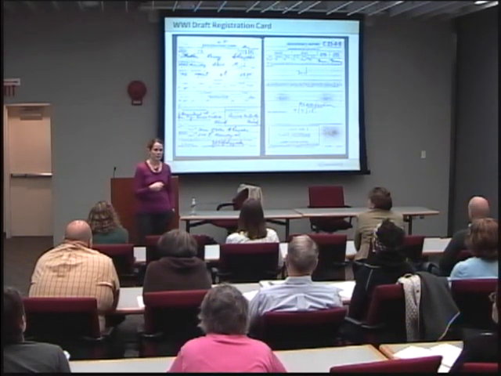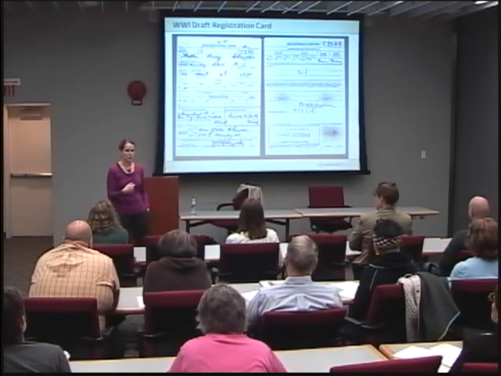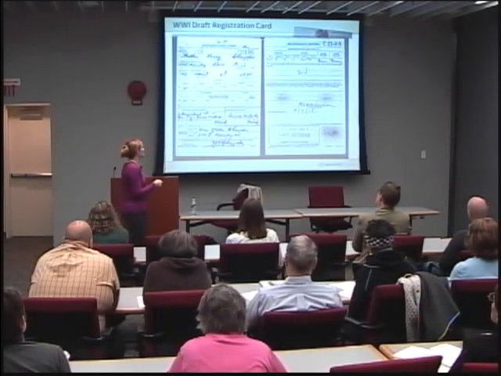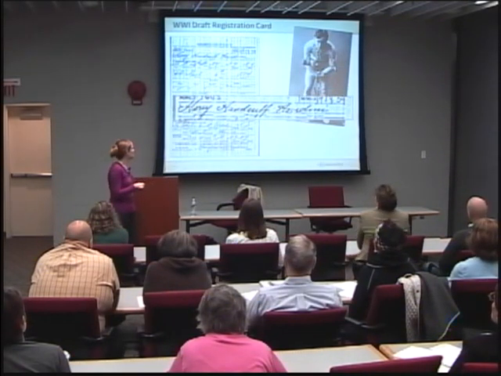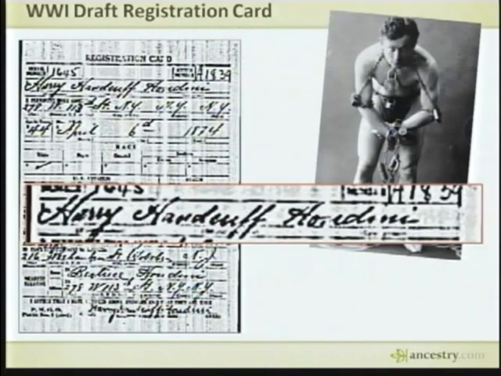Tom Cruise's great-grandfather was described as short, stout, and bald. So I think Tom may have got the short, but he's definitely not bald. Here's Harry Houdini again. He lists his name as Harry Handcuff Houdini, and he also signs it with the same thing as well. So draft registration cards, definitely want to take a look at those.